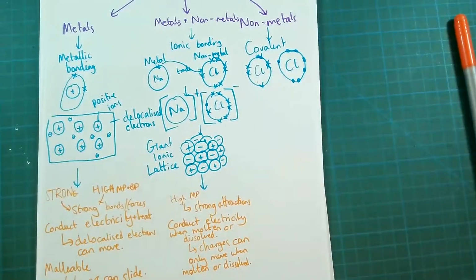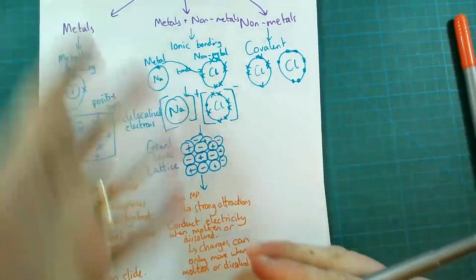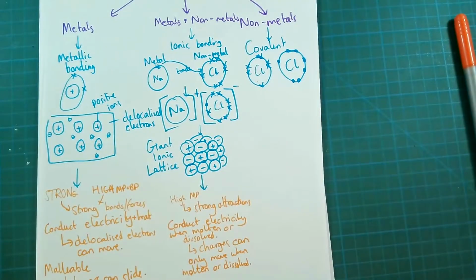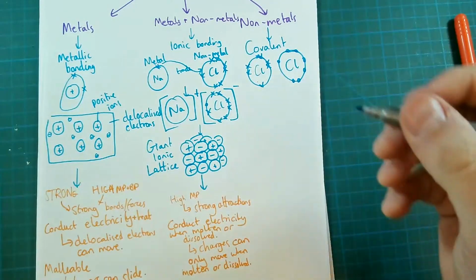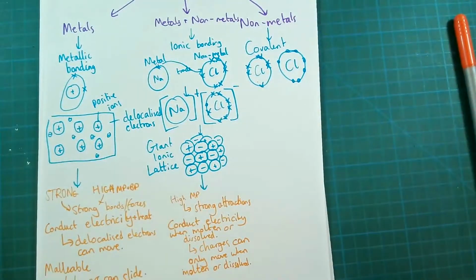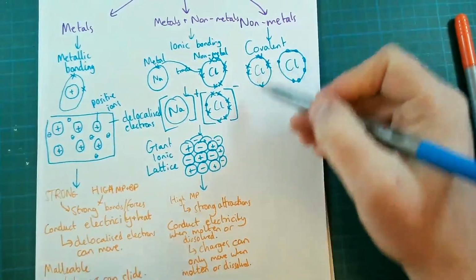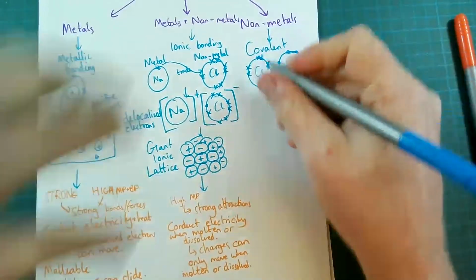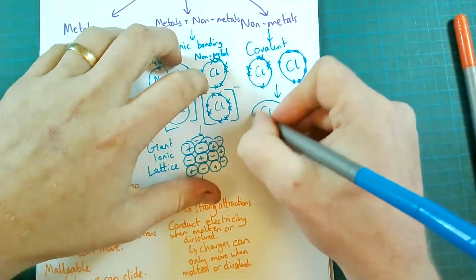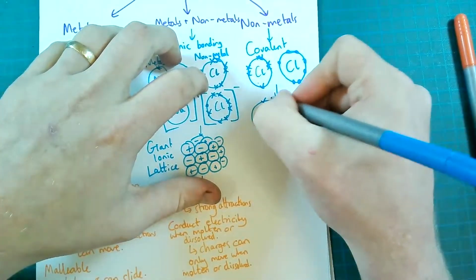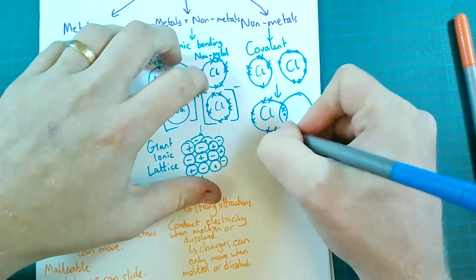Now there's no handy metal here to trade it over, so they're both lacking. In the past, I've said let's think about how many of them are lonely. You can see they've both got a lonely one, and that is where they overlap, so you end up with them sharing like this.